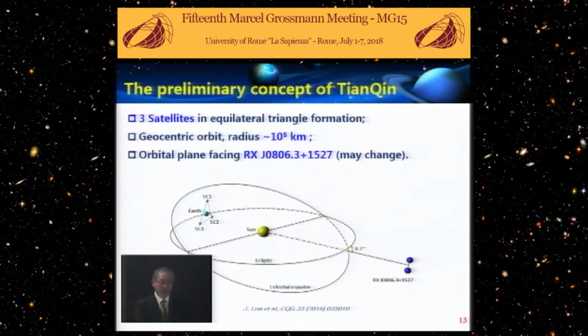And this is compared with DECIGO, which is 50 times higher than that. The third one, the orbit plane is phase. RX-0806 is a little bit far away from this one. You see, this is a binary system.